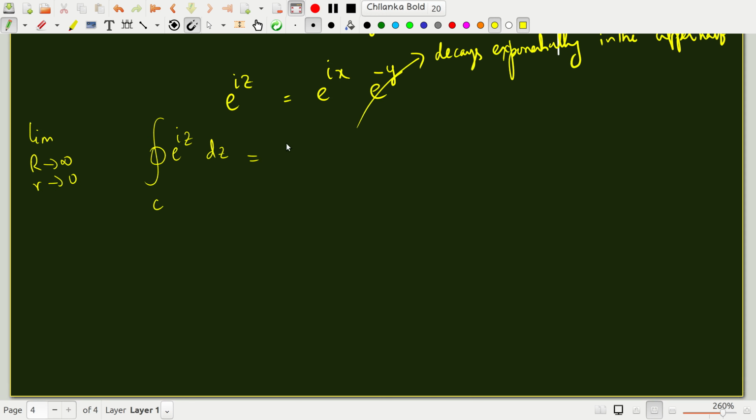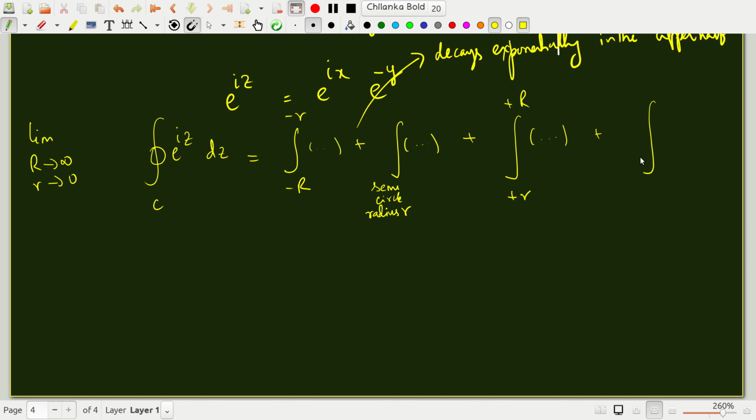So let me write this: the integral from minus R to minus r, plus the integral over the semicircle of radius r of the integrand, plus the integral from plus small r to plus capital R, and then the integral over the anticlockwise big semicircle.